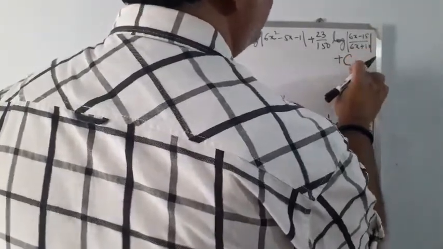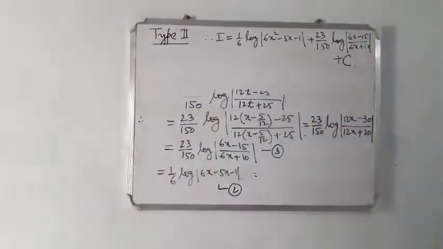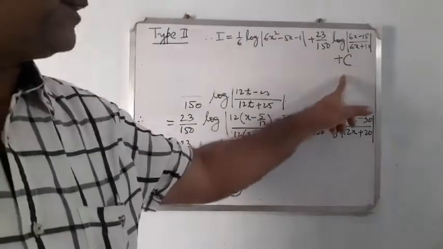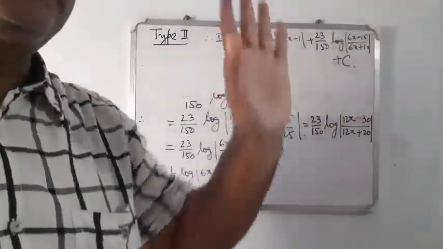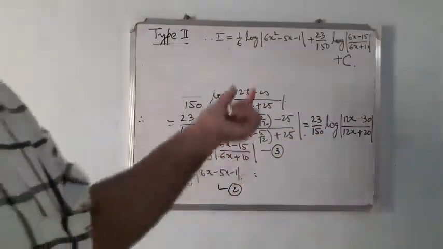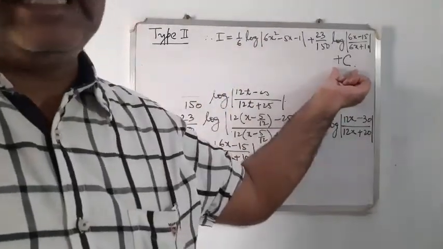This plus c must be present in the last step. Must be there. Whether you have written earlier or not, it does not matter. You must show it in the last answer.